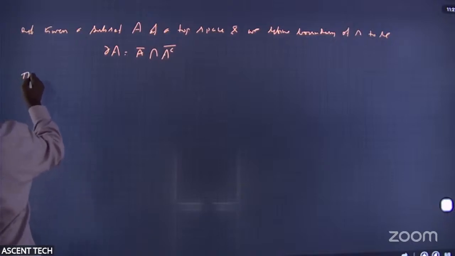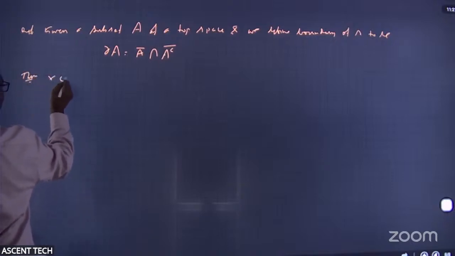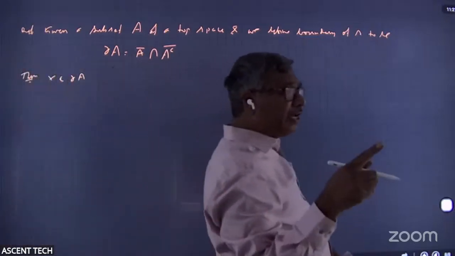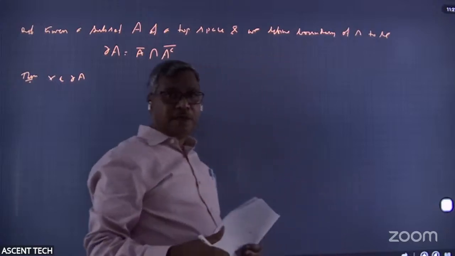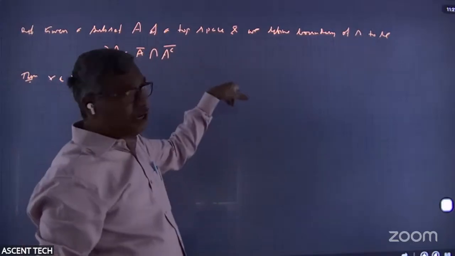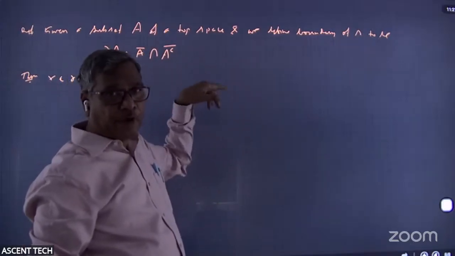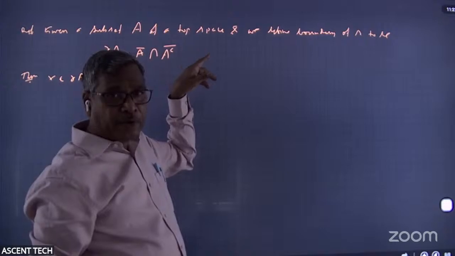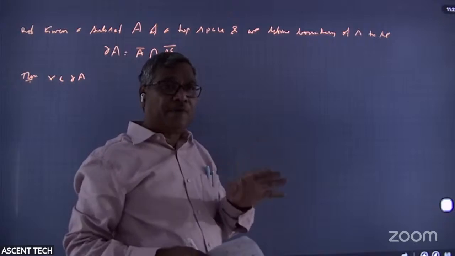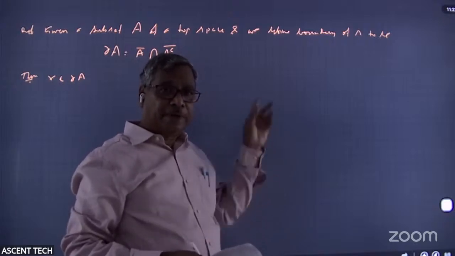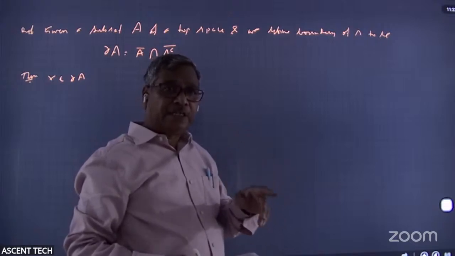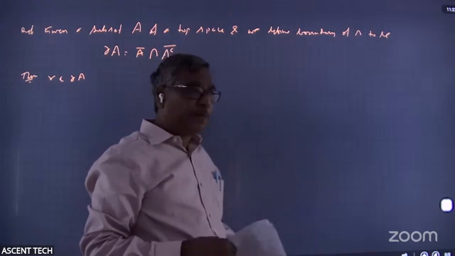Therefore, here is a simple theorem. X belongs to the boundary of A when it's in the closure of A as well as in the closure of A complement. So if you take any neighborhood of X, it is in the closure of A, therefore that neighborhood intersection A is non-empty. It's in the closure of the complement also, therefore that neighborhood intersection A complement is also non-empty. So any open set containing X will intersect both A and A complement.